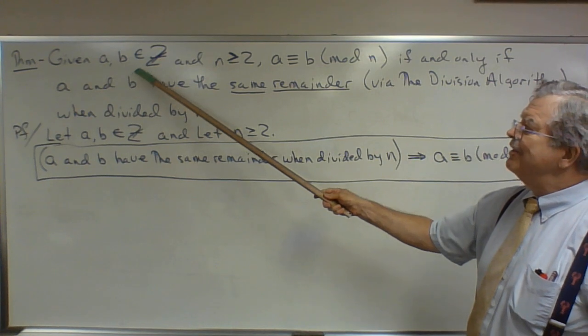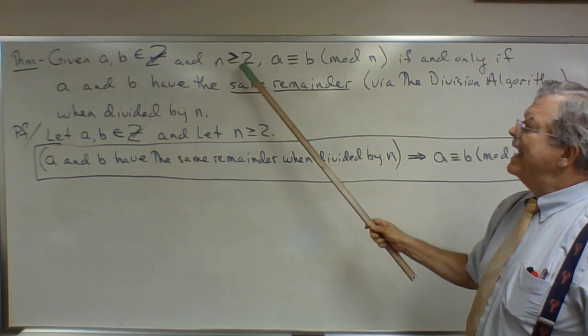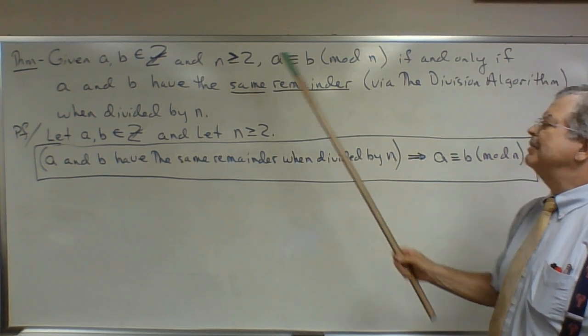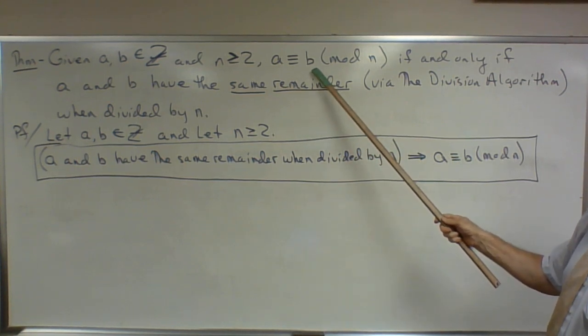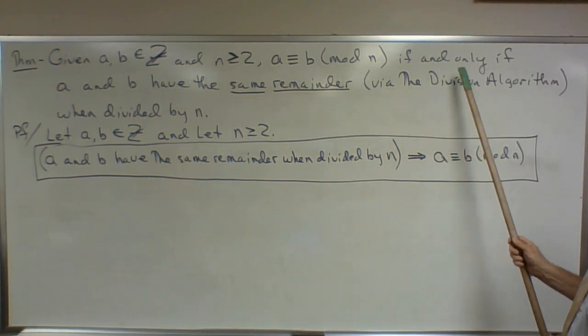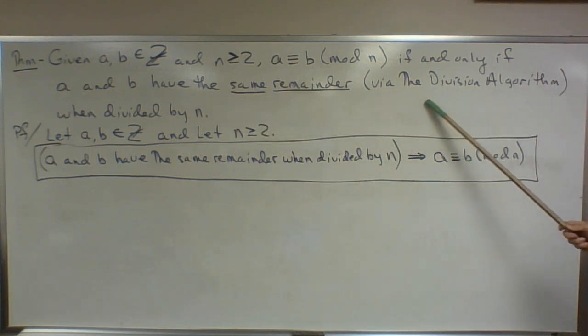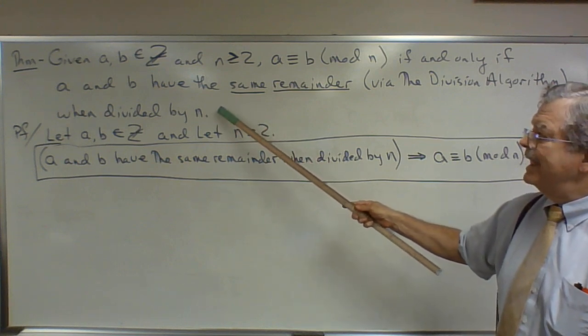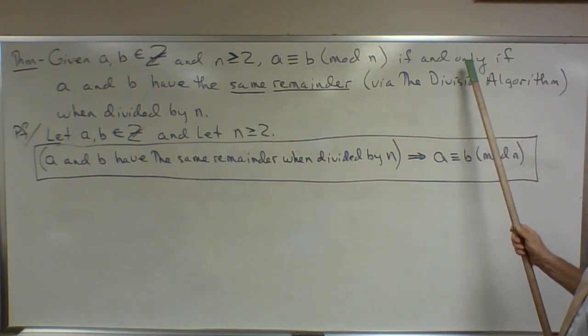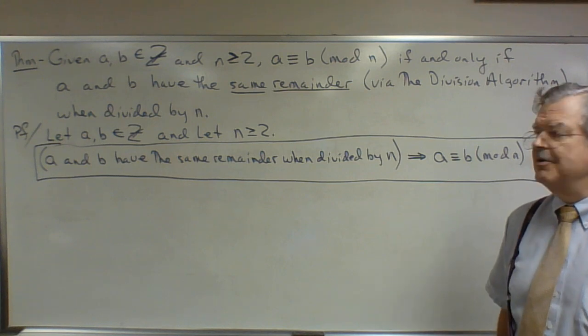Given integers a and b and natural number n greater than or equal to 2, a is congruent to b mod n if and only if a and b have the same remainder using the division algorithm when divided by n. This is an if and only if proof, so we have to prove it both ways.